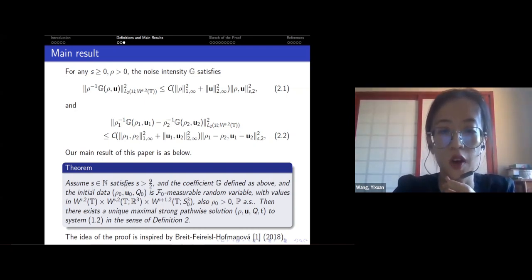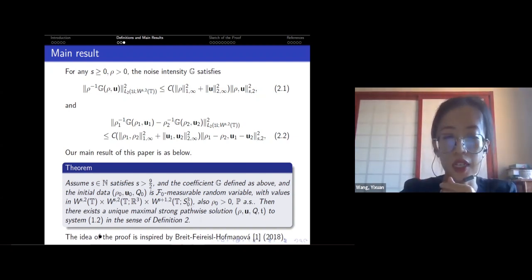Assuming that for any s bigger than 9/2, and the initial data ρ0, u0, Q0 are F0-measurable random variables with values in W^{s,2}, W^{s,2}, and W^{s+1,2}, where this S0^3 is the space for Q0, the trace-free matrices. Also, we said this ρ0 is away from vacuum almost surely. Then there exists a unique maximal strong pathwise solution (ρ, u, Q, τ) to our system. And the idea of this proof is inspired by this paper.